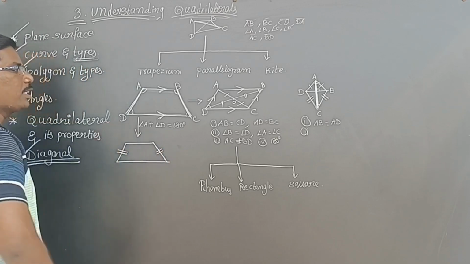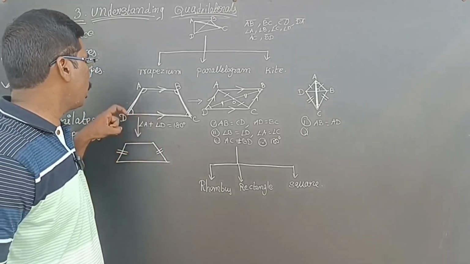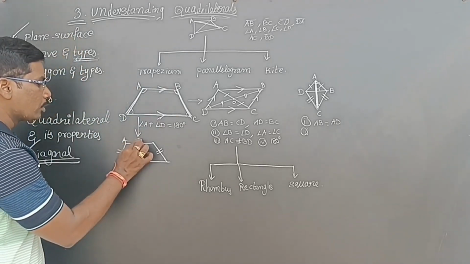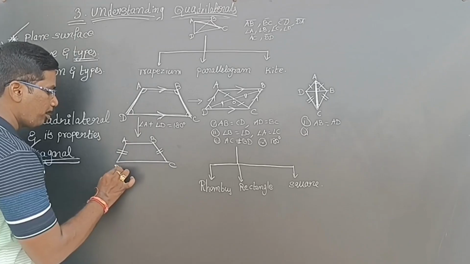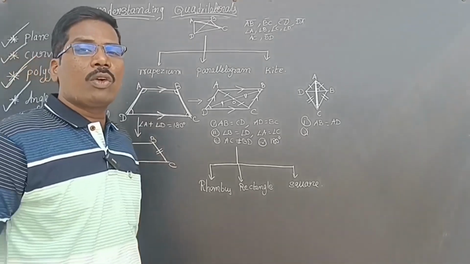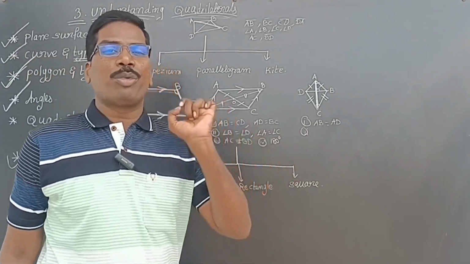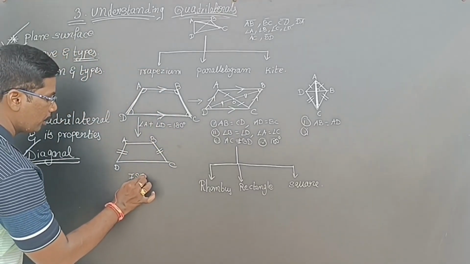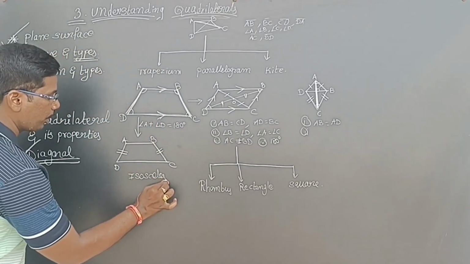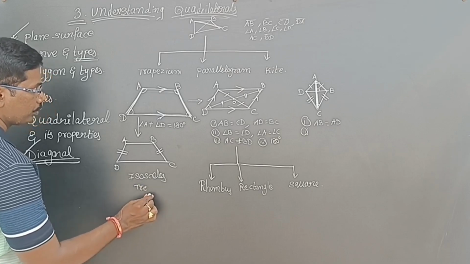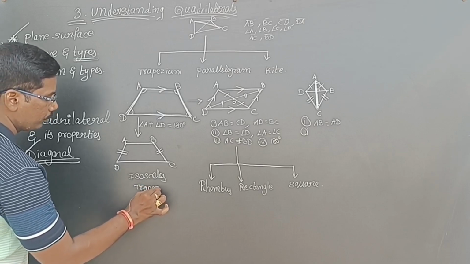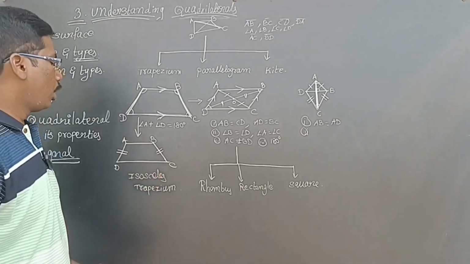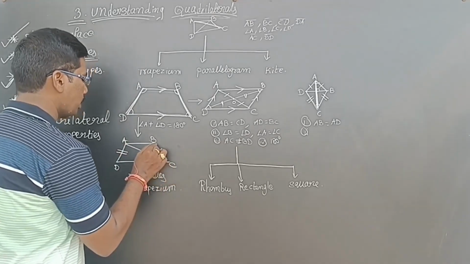Here the non-parallel sides are not equal. This is the small one, this is the big one. If they are equal, then in a trapezium ABCD, if non-parallel sides are equal, that is called an isosceles trapezium.